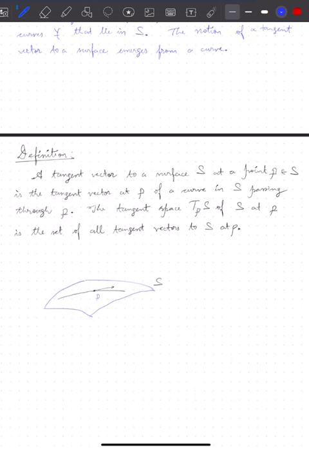Likewise, this will be another curve, and the tangent is given by this. Similarly, we can have this as well, and the tangent is given by this direction. So at point P, we have gamma 1, gamma 2, gamma 3, and likewise many gammas. We'll have infinity of such gammas.